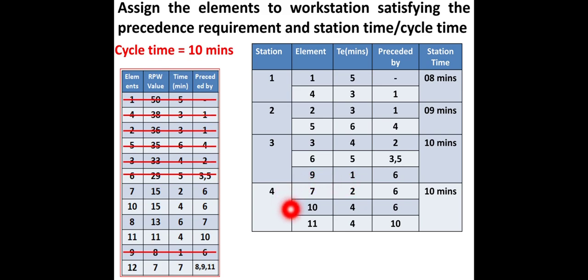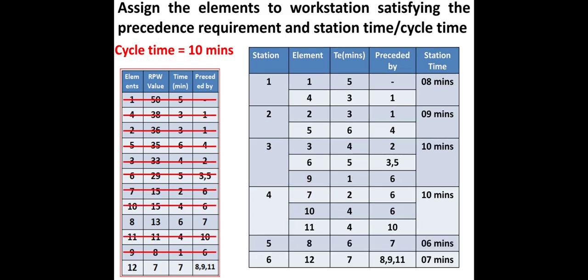So if I assign these 3 elements, I will be left with only 2 elements, that is element number 8 and 12. They are assigned at the last. Station number 5 will have element number 8, and station number 6 will have element number 12. So this completes the assigning of elements to the workstations, satisfying the conditions, precedence constraint as well as cycle time.